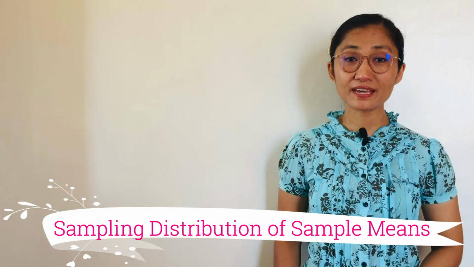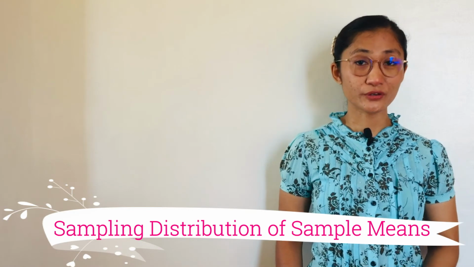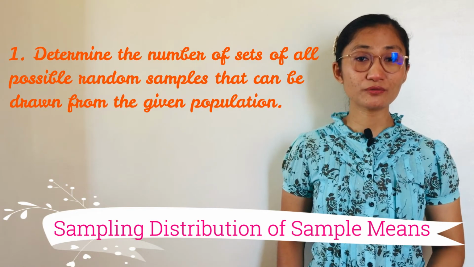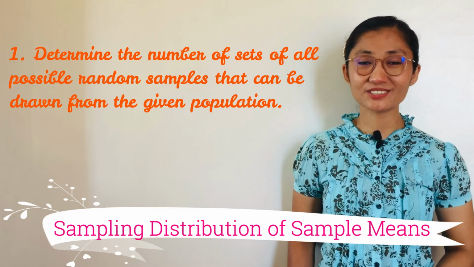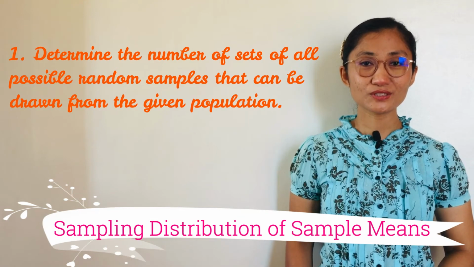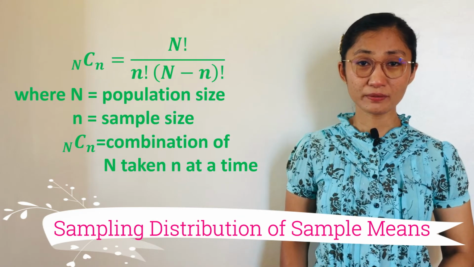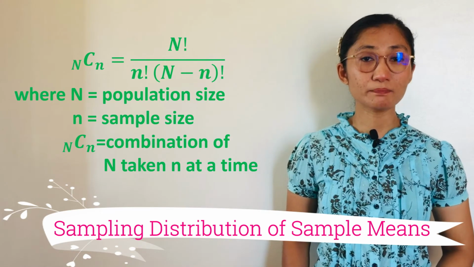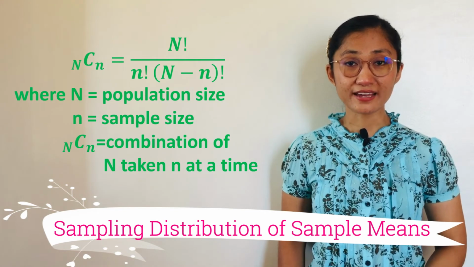These are the steps in making a sampling distribution of the sample means. So first, determine the number of sets of all possible random samples that can be drawn from the given population. Use the formula combination of N things taken n at a time, where N is the population size and n is the sample size.